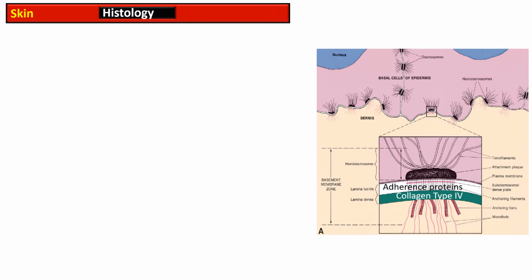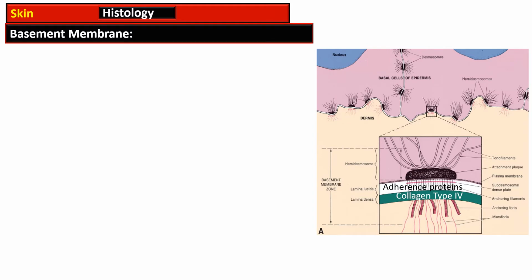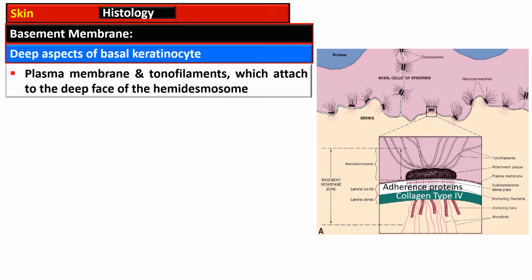The structures that are included in this basement membrane zone are the deep aspect of the basal keratinocyte. Over here you can see the plasma membrane, and this plasma membrane along with tonofilaments attaches to the deep face of the hemidesmosome.